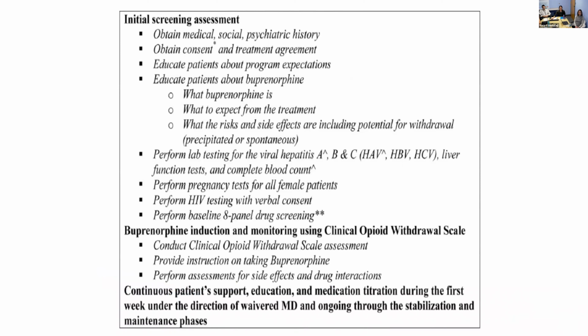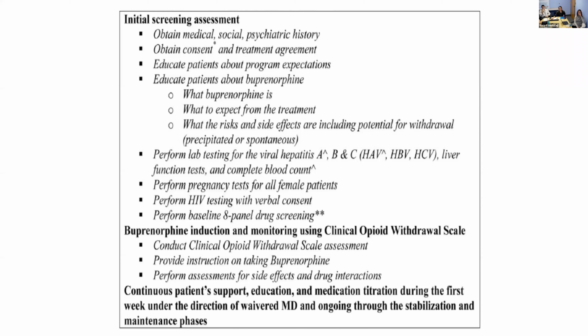So this also describes in more detail what those initial screening assessments in the Massachusetts model included. Again, the medical, different pieces of the history, patient education, the specifics on patient education about the buprenorphine, the lab testing that they do, pregnancy testing, infectious disease, the drug screening.